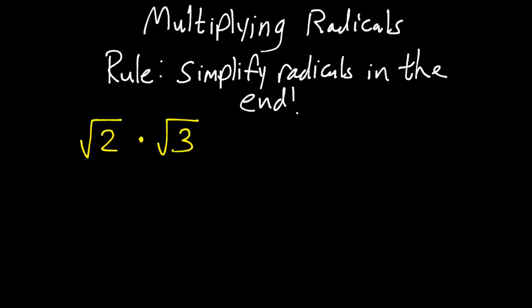Well, think of it this way. 2 times 3 is 6, so the square root of 2 times the square root of 3 equals the square root of 6. And then we have to check and see, are there any perfect squares we can pull out? There aren't, so we're done. And that's multiplying radicals. That's basically it in a nutshell.